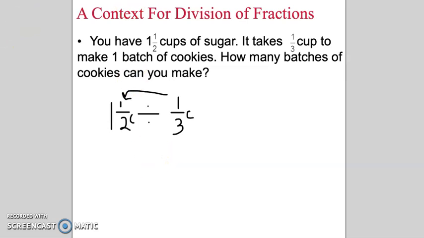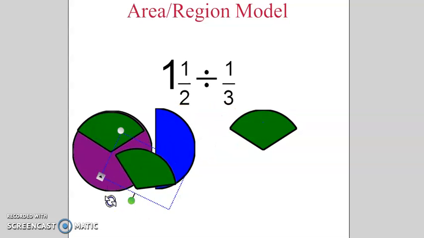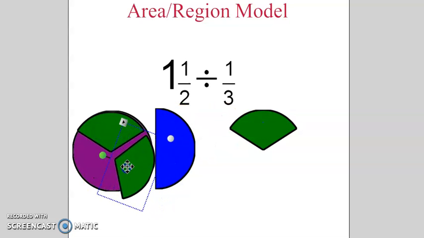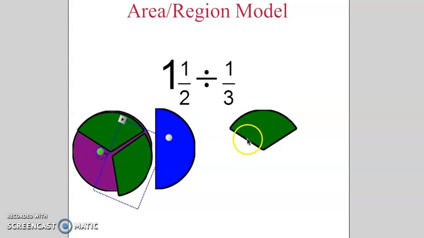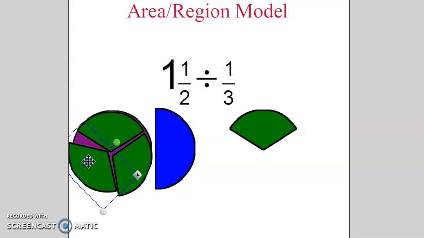So here we go. Let's take our area model. We love our fraction circles, the pizzas. That's one we're very comfortable with, so that's why I figured we'd start here. So let's think. We have 1.5. Make them with your fraction circles. And now how many 1/3 pieces can fit into our model here? 1, 2, turn this around, 3.